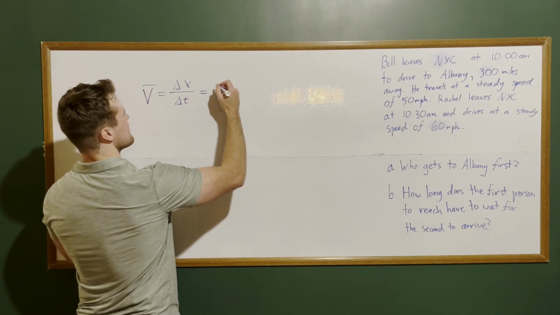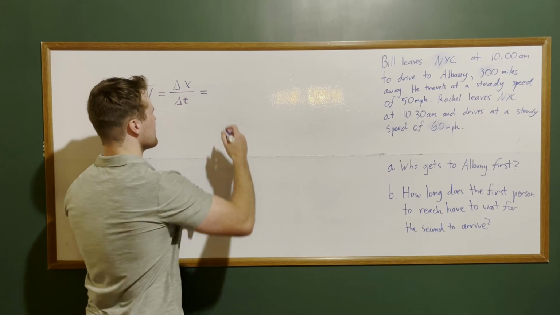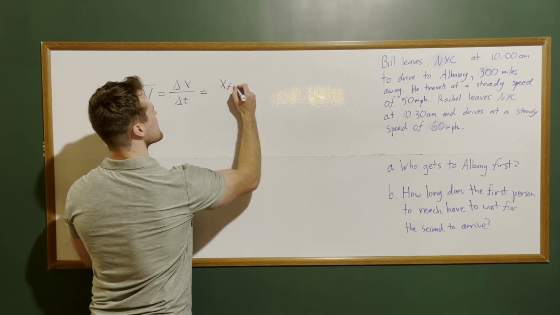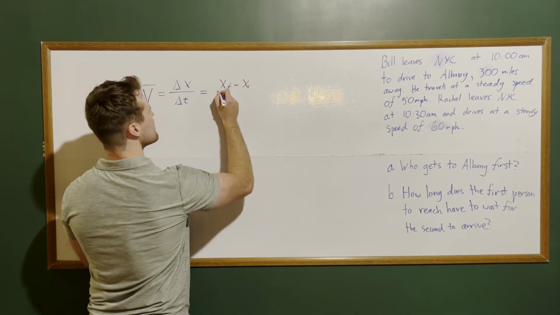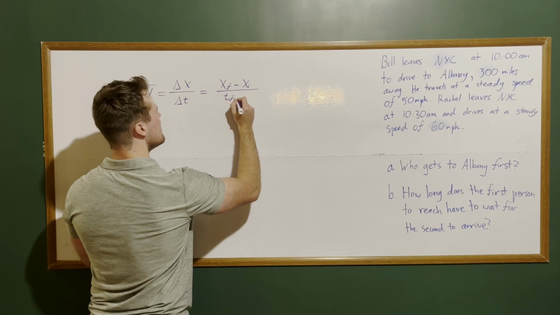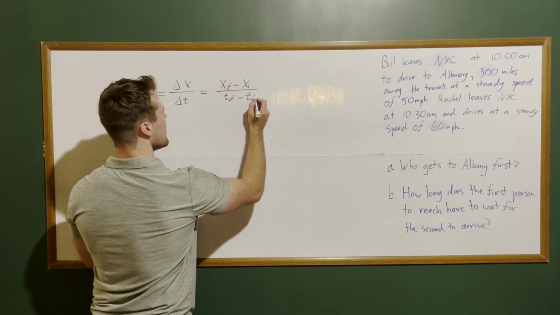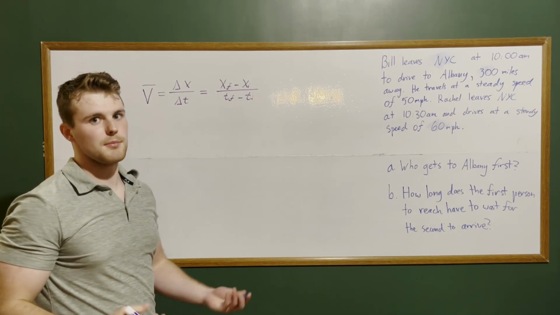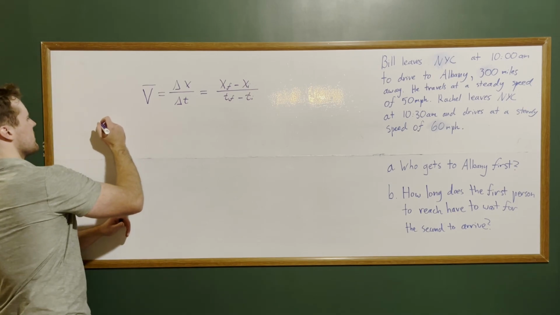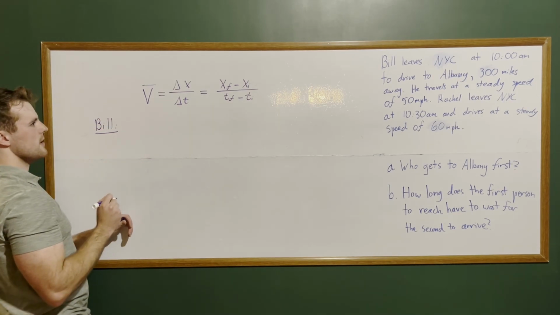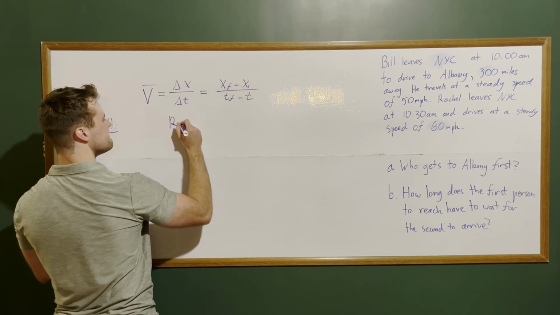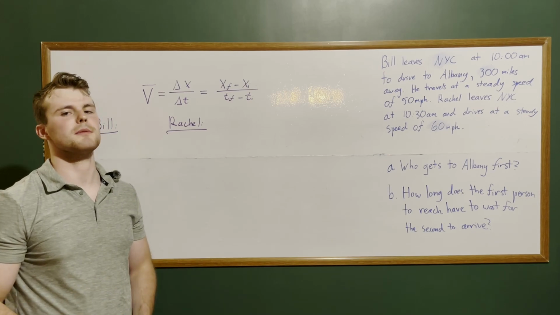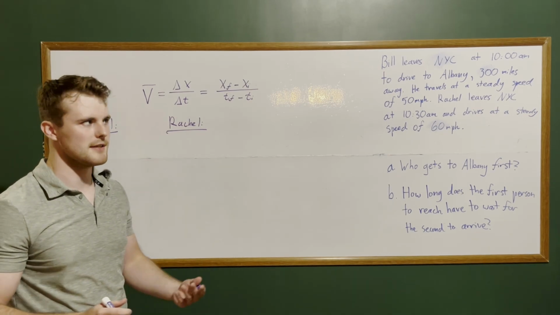Delta x is the change in displacement, so that's final displacement minus initial displacement, over final time minus initial time. Let's also write down the variables that we know. I'm going to make a chart for Bill and a chart for Rachel. I find defining these variables in little charts like this makes it a lot easier.